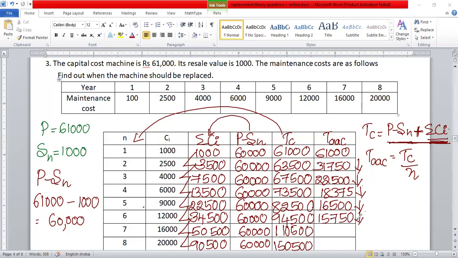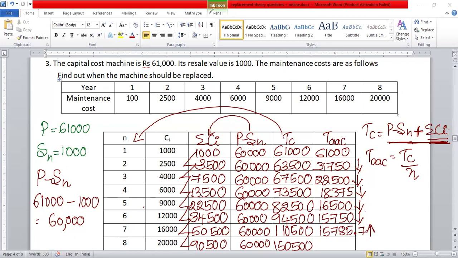Oh, sorry. 1,10,500 divided by 7, so 15,785.7. So increases. You can stop here when it suddenly increases.